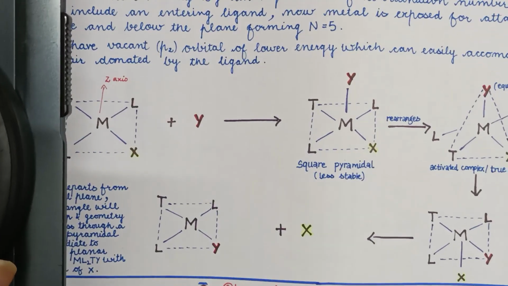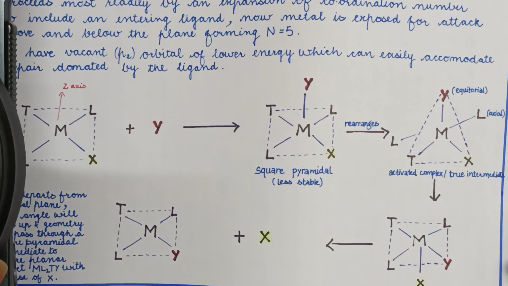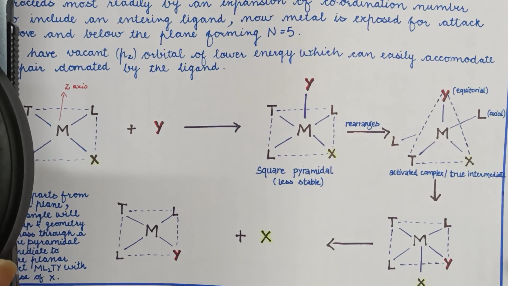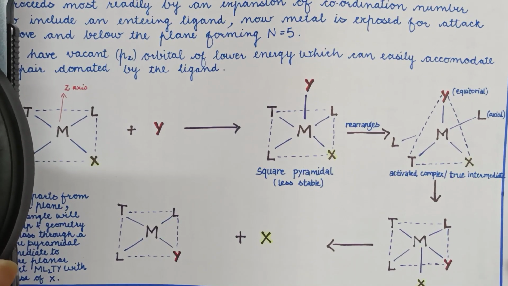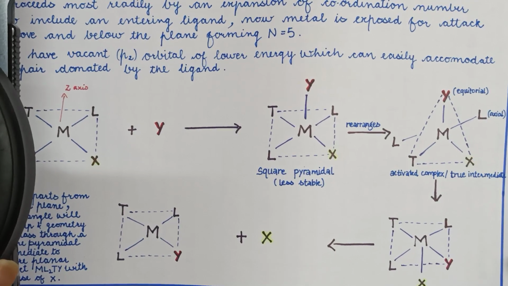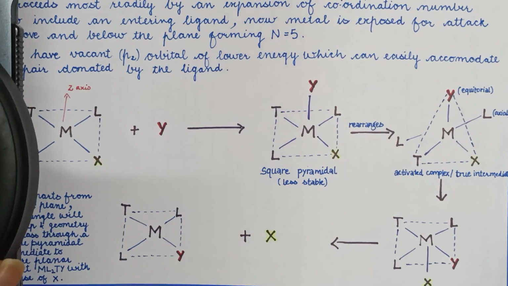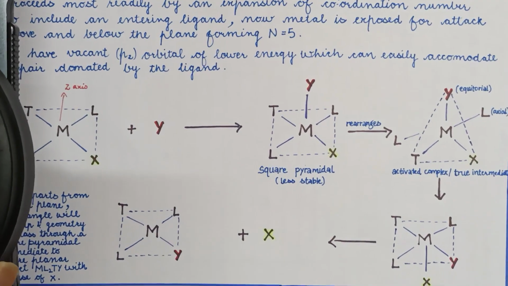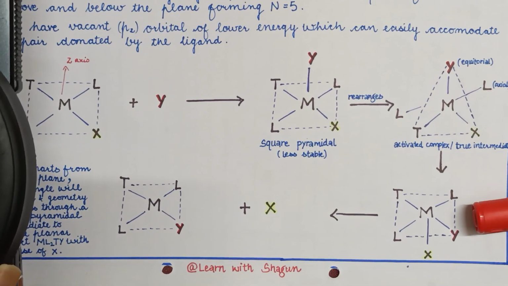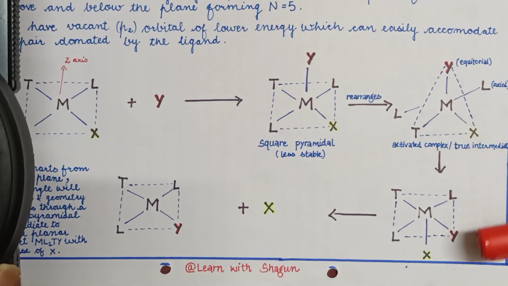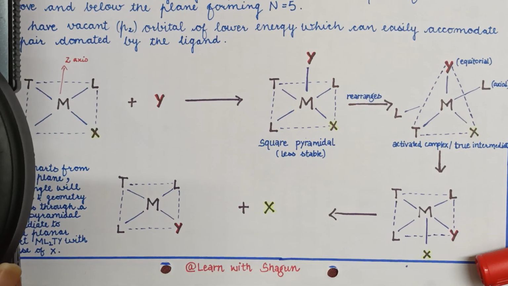Now what happens next is rearrangement. Tautomerism occurs, in which the square pyramidal, which was very less stable, got converted into a stable intermediate, which is called the activated complex or the true intermediate, which has a trigonal geometry. Now again a kind of rearrangement occurs. Nothing added on, nothing got lost. Now it again takes a square pyramidal shape.